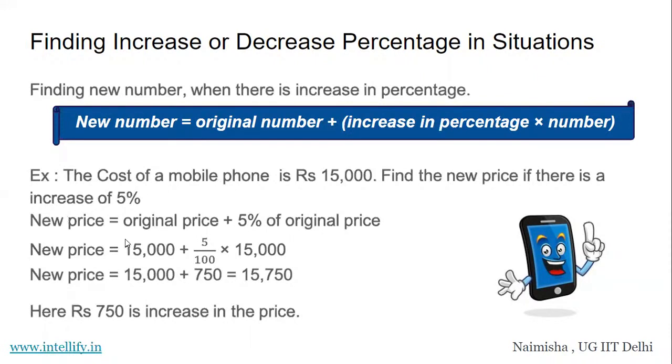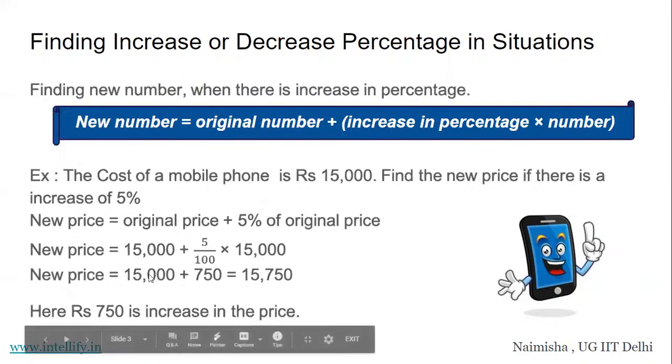So the new price is 15,000 plus 5 by 100 into 15,000. Hence, it is 15,000 plus 750, which is 15,750. Hence, the increase in price of the mobile phone is 750, while the new price is 15,750.